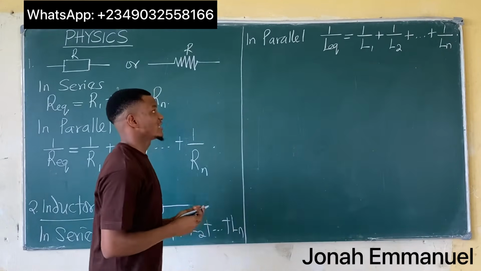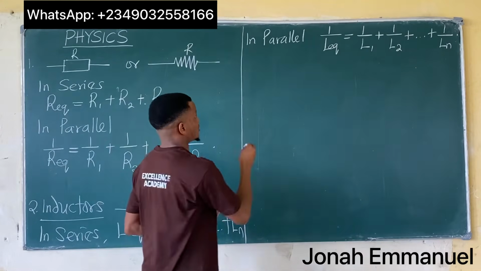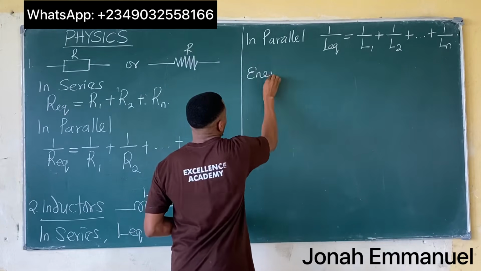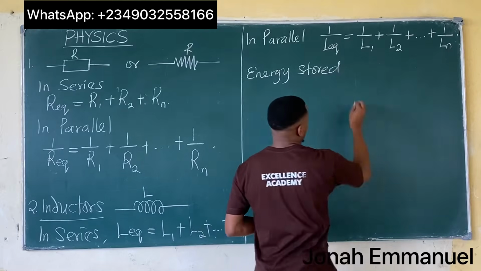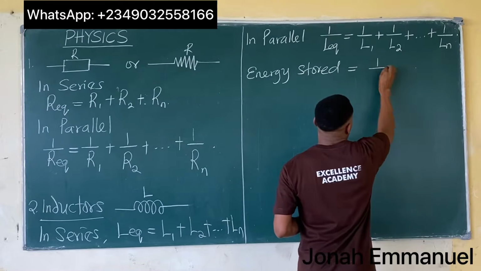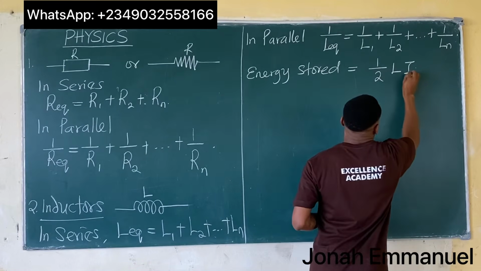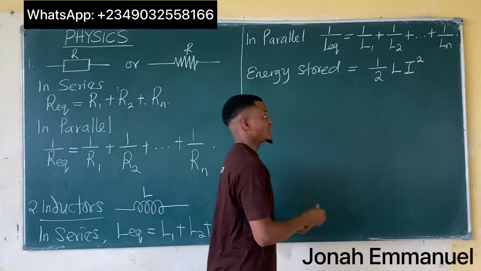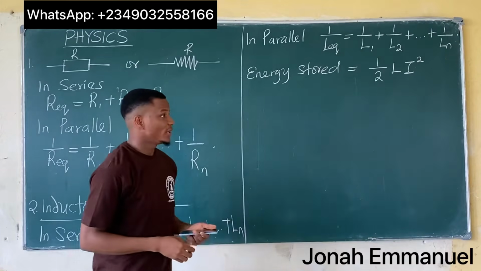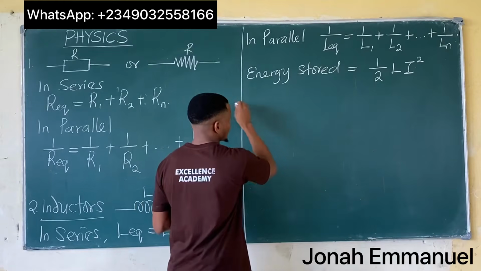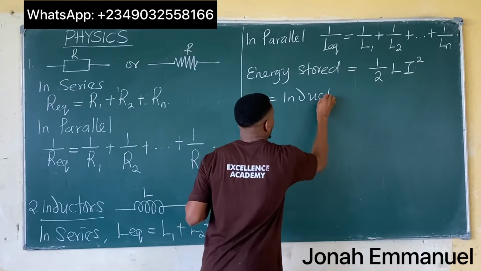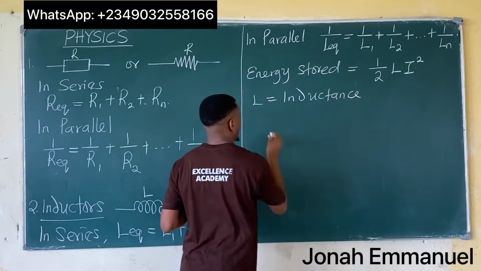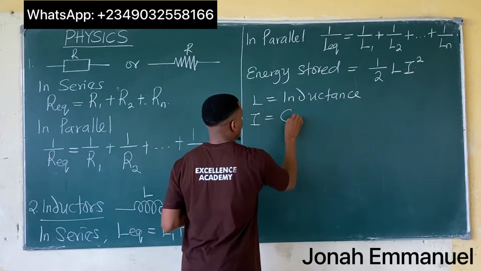A very important concept to note is this, that the energy stored in an inductor is given by half Li squared. This is the energy stored in an inductor. L is inductance, and I is current.